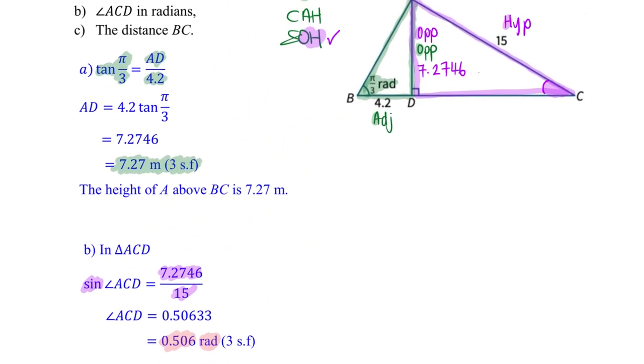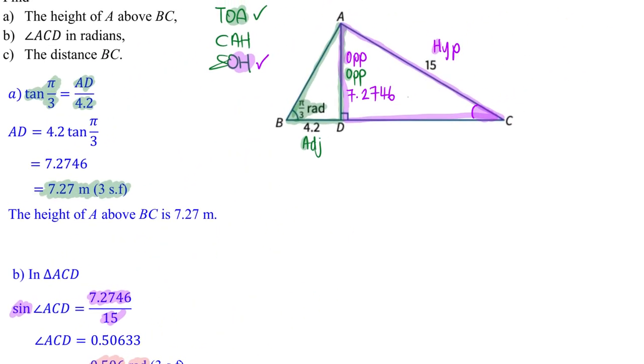And for the last part, to find distance BC, we just need to find the length DC, because I already know BD as 4.2. We can use Pythagoras' theorem, since I know 7.2746 and 15.